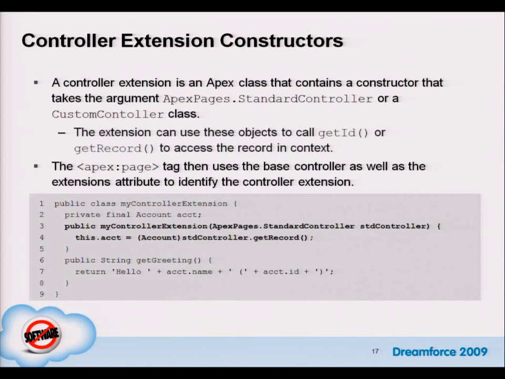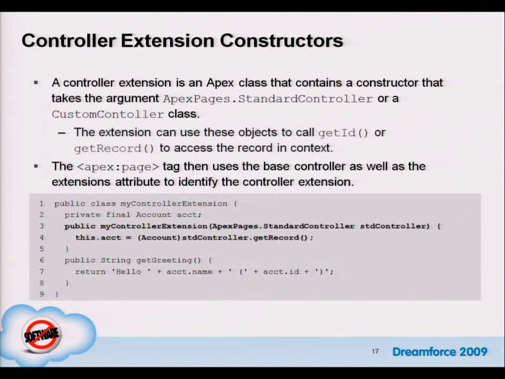So if you start having an extension, right, you will have that class. Let's name it my extension. You will have to create a property that will have the same name, my extension dot my extension. And that method will authorize us to talk to the standard controller. Why? Because the standard controller is also talking to the Visualforce pages, is aware of the records.